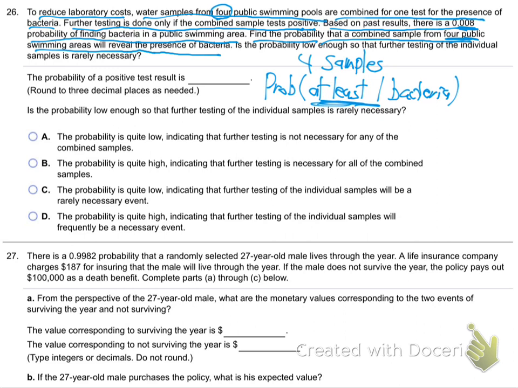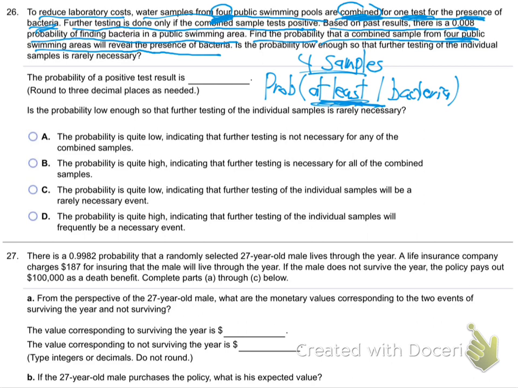Because they're taking the 4 samples from 4 different public swimming pools and they're combining them for one test for the presence of bacteria. And if even one of those 4 samples, if at least one of them, just one or more of them has bacteria in it, when they test the combined sample, it'll come back positive.